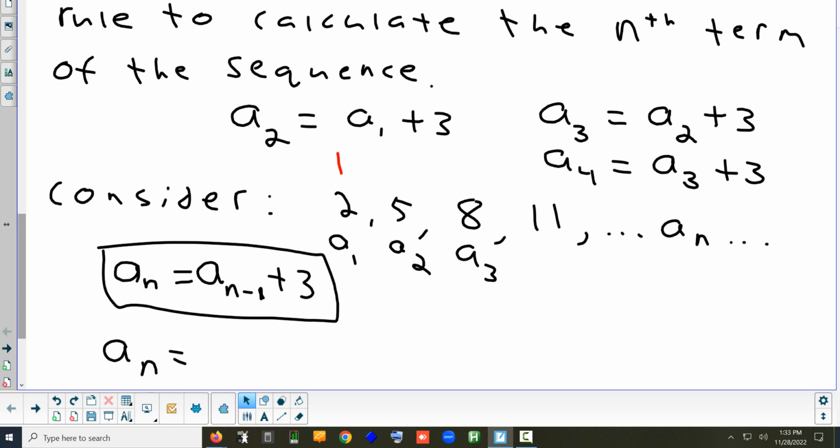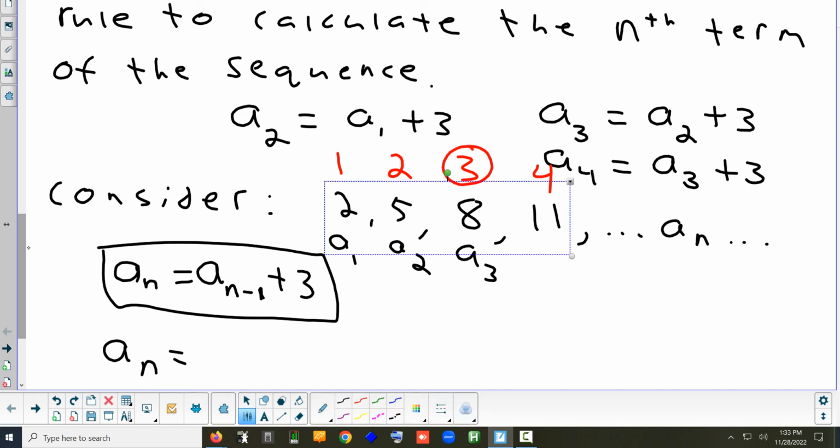So think of this formula as 2 is in the first spot, 5 is in the second spot, 8 is in the third spot, 11 is in the fourth spot. Can anybody see a pattern where you do something to this number and it turns it into that number? There is a pattern, and it's the same pattern.